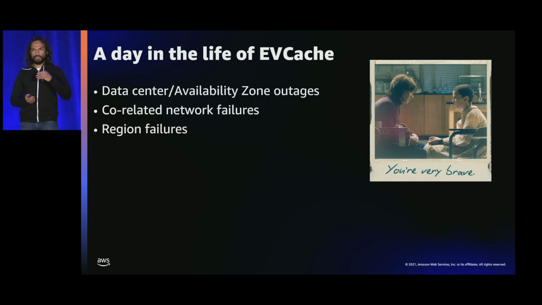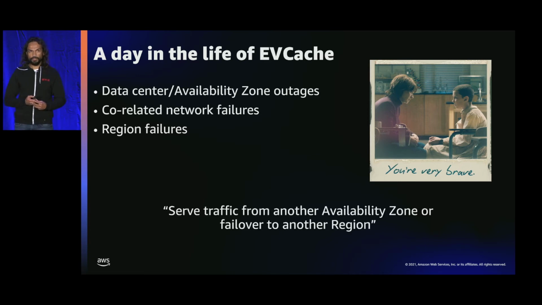Since then, Netflix moved into a global model where it does not operate in an island model anymore. So EVCache is also designed to move along with that global model. Whatever the failure is, whether an instance fails, a data center fails, or a region fails, EVCache can serve traffic from another availability zone or from another region altogether.